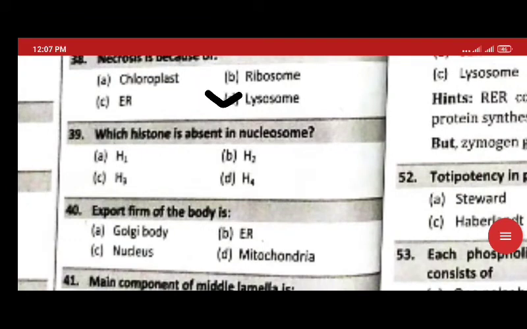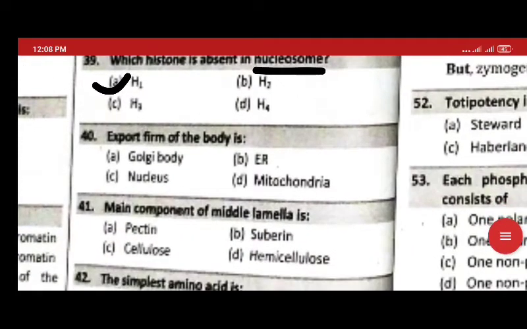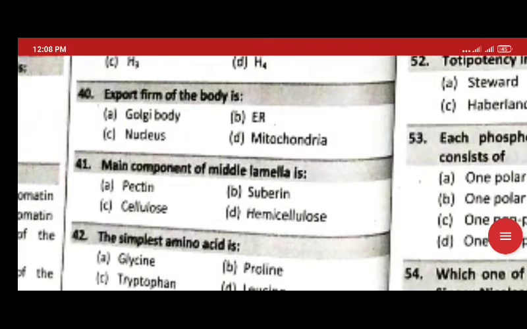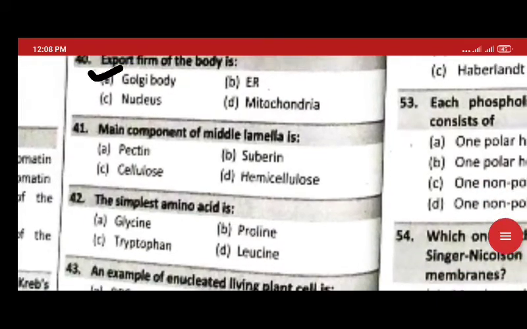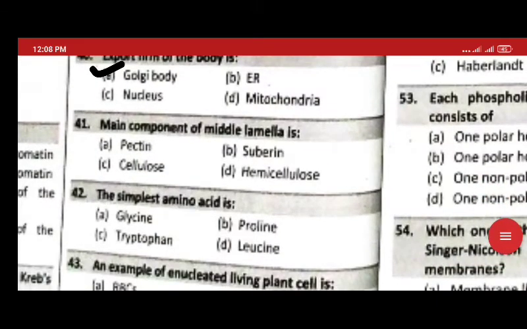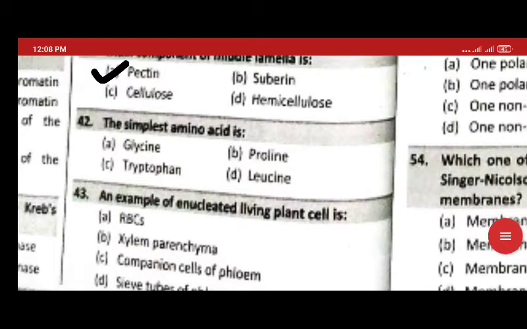Now which histone is absent in nucleosome, so H1 is not found in nucleosome, so 39 is the right option.